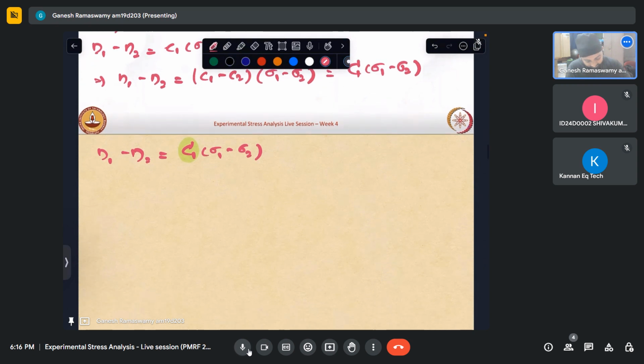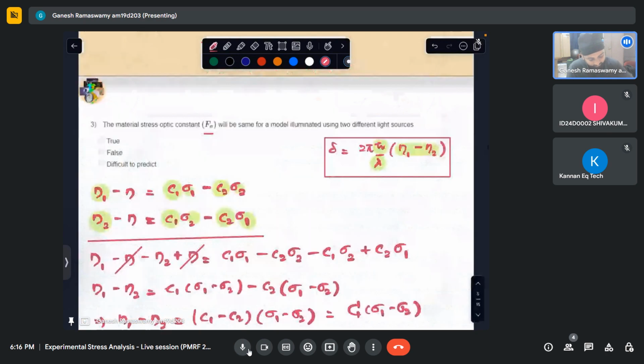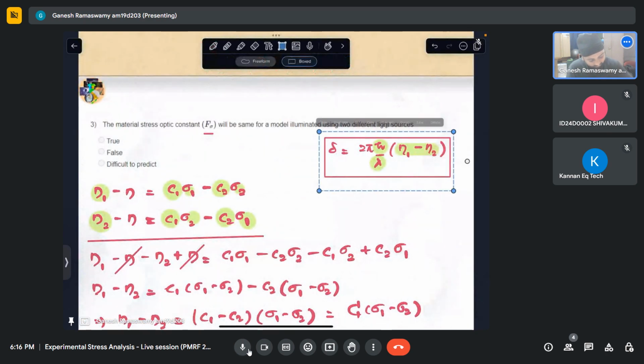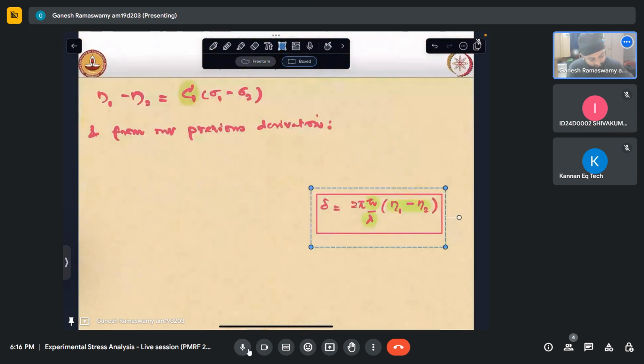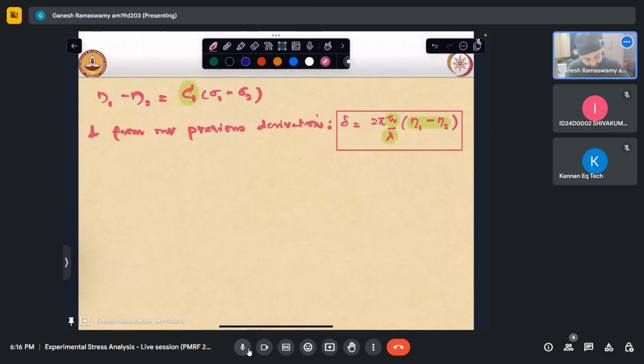And from our previous derivation, we know this quantity. So what is common in these two? We have this and this the same. So let me just equate that.